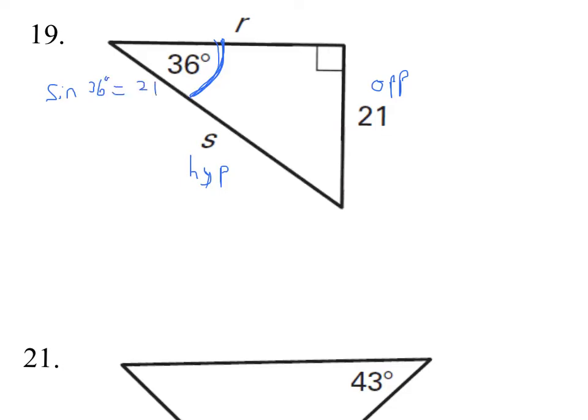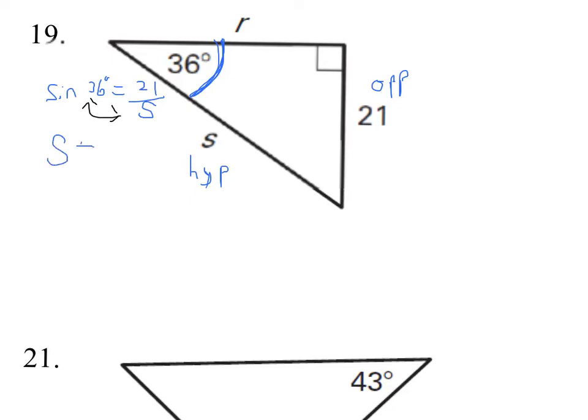So 21 over s. And this one's different because the variable is in the denominator. It's in the bottom. You might remember what we've talked about in class, how in this situation, you can just switch places with the sine 36. So it's going to look like this.